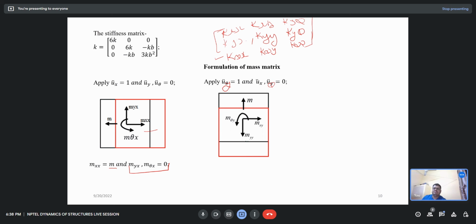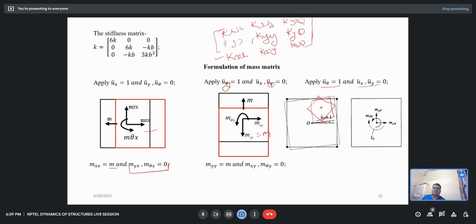If I apply unit acceleration in the vertical direction, then my is equal to m and the other components would be 0. Now if I apply u theta equal to 1 and the other components 0, the slab is rotating, so I need the inertia about this point, I naught.